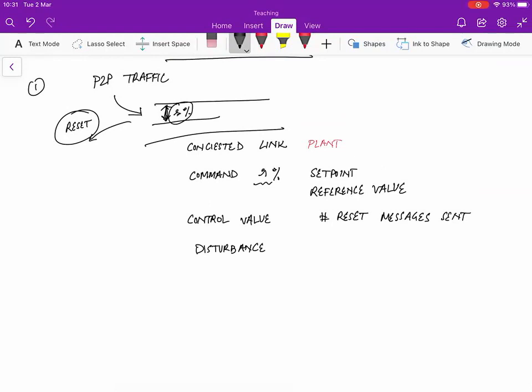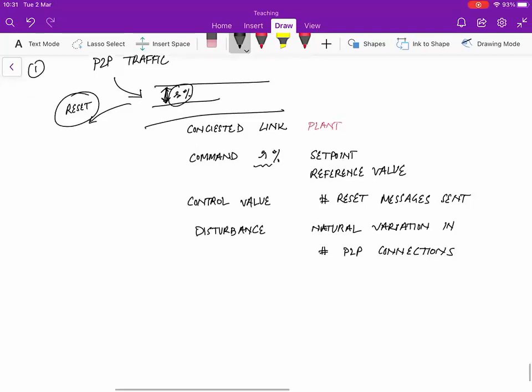So this is the natural variation in the arrival of P2P connections, the number of P2P connections. People are going to turn off the browser or turn on whatever it is, and that's going to cause some fluctuation that you can't really control.